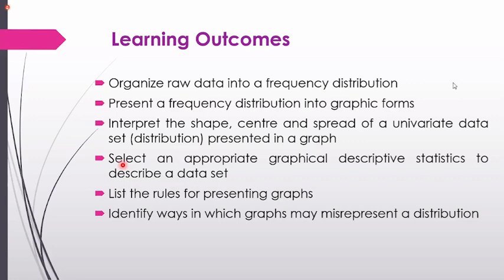You will be able to select an appropriate graphical descriptive statistic to describe a data set. You will be able to list the rules for presenting graphs, and also identify the methods in which graphs may misrepresent the distribution. So these are the main learning outcomes.